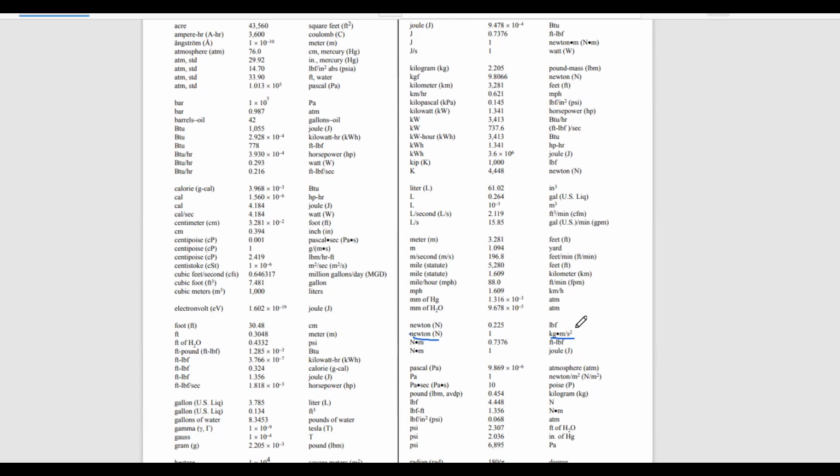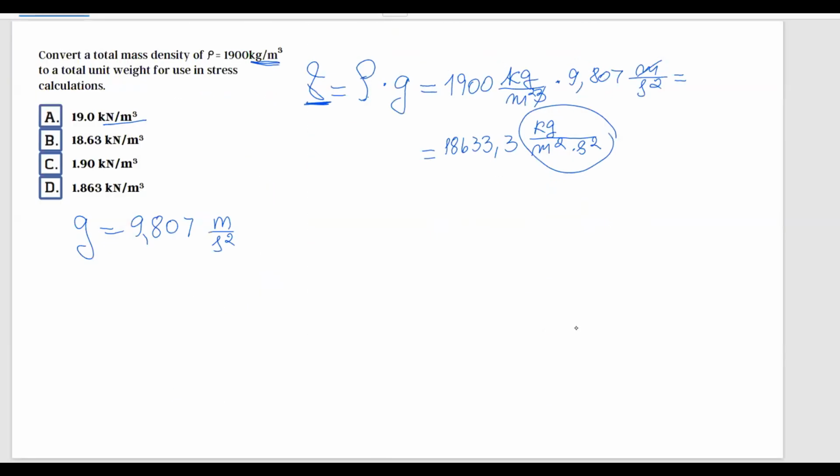So let me write this down. 1 Newton is equal to kilogram multiplied by meters over seconds squared. And I have to bring meters to the top in my case, so I'm going to multiply.